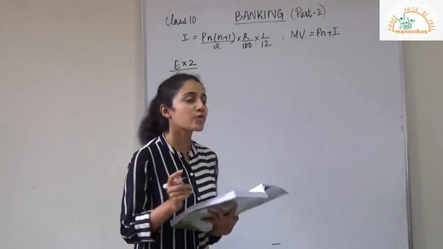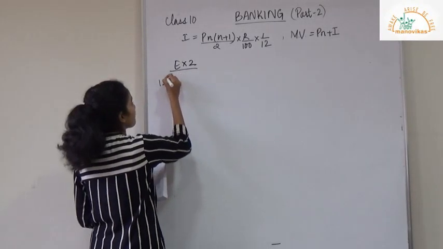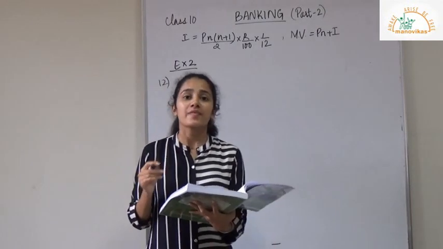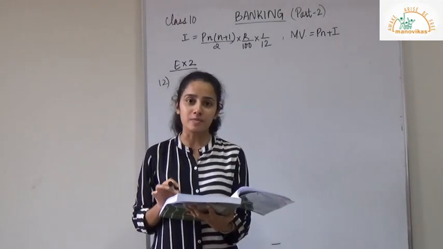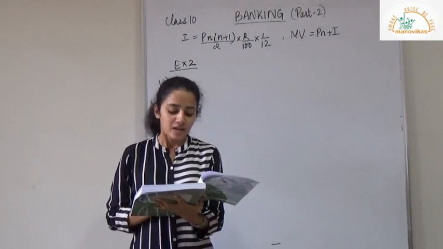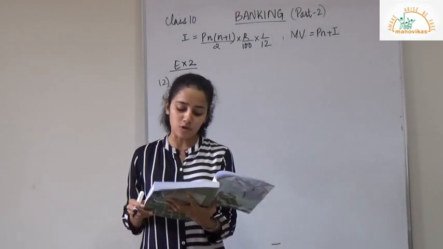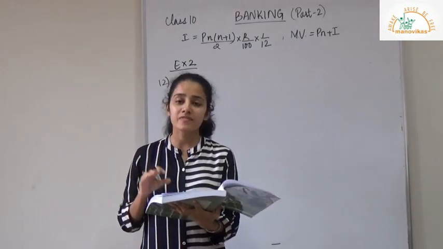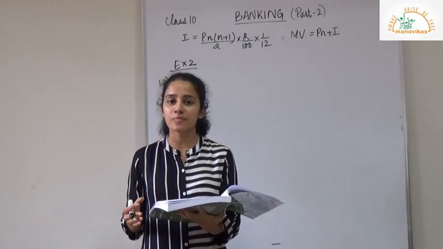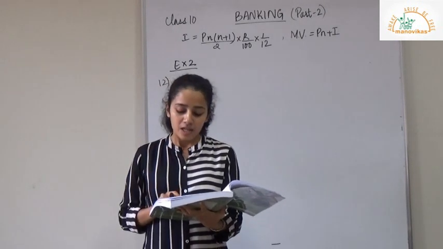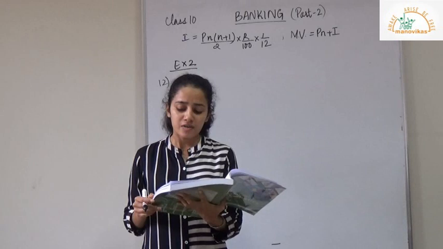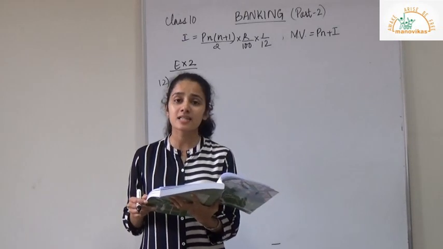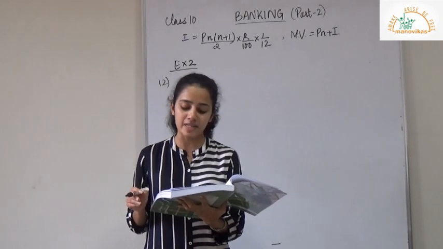Let us consider another problem, problem number 12. You can pause the video and write what is given in the 12th problem. So you have Kavita has a cumulative time deposit account in a bank. Cumulative time deposit account and recurring time deposit account is the same. She deposits rupees 800 per month and gets 16,700 as the maturity value.